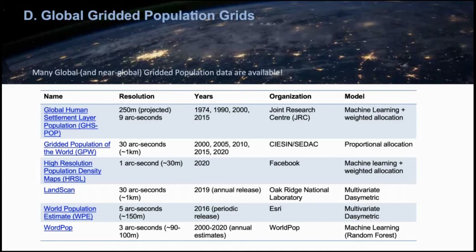And the High Resolution Population Density Maps, the HRSL from Facebook, actually use the highest resolution input data. It uses 50 centimeter to 2 meter optical data from DigitalGlobe, now known as Maxar, to find settlement extents, and then a similar approach of weighted allocation or binary dasymetric allocation to assign census data to the settlement extent.